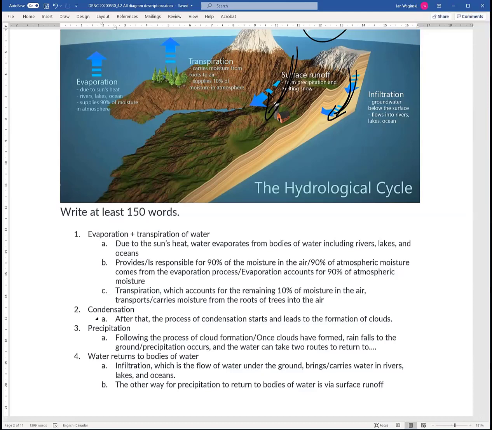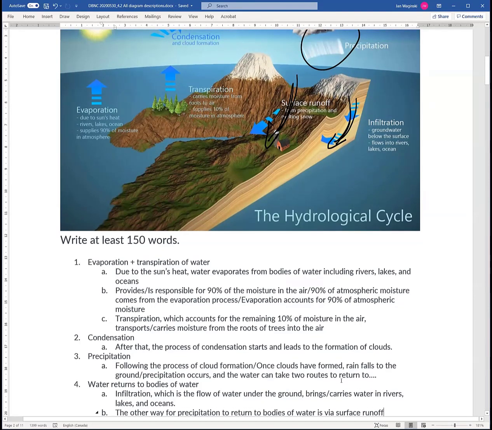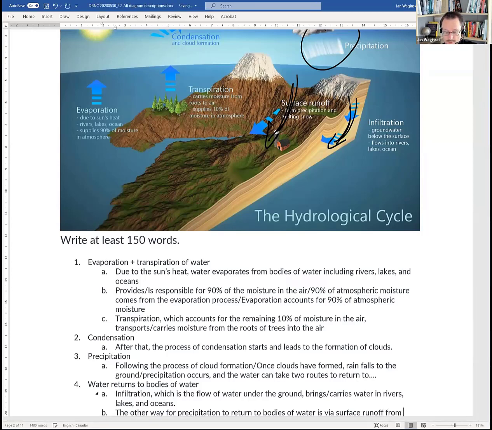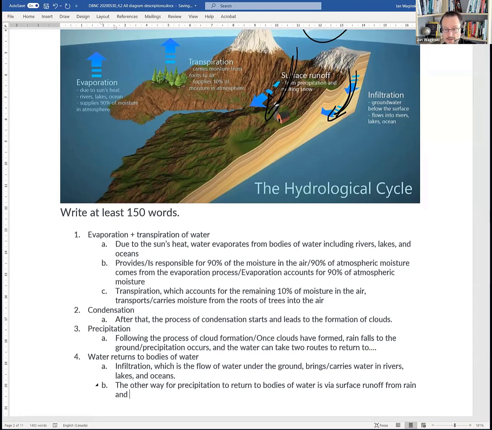Which occurs from precipitation, the rain, and melting snow, or melting snow, actually. Okay. Via surface runoff from rain and melting snow.